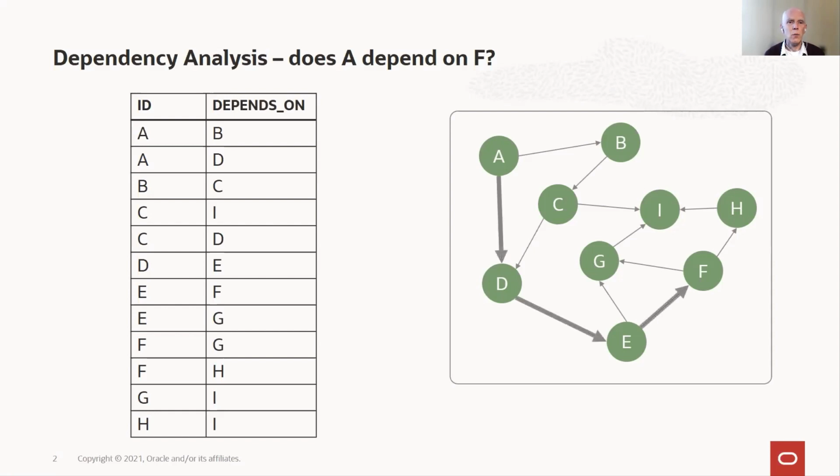You can see pretty quickly, okay, A depends on D, D on E, E on F, so A depends on F. In fact, there are two different ways in which A depends on F. If you go from A to B to C to D to E to F, that is also a valid path. And this type of analysis, this kind of discovery of complex relationships, this is what graph analytics is all about.